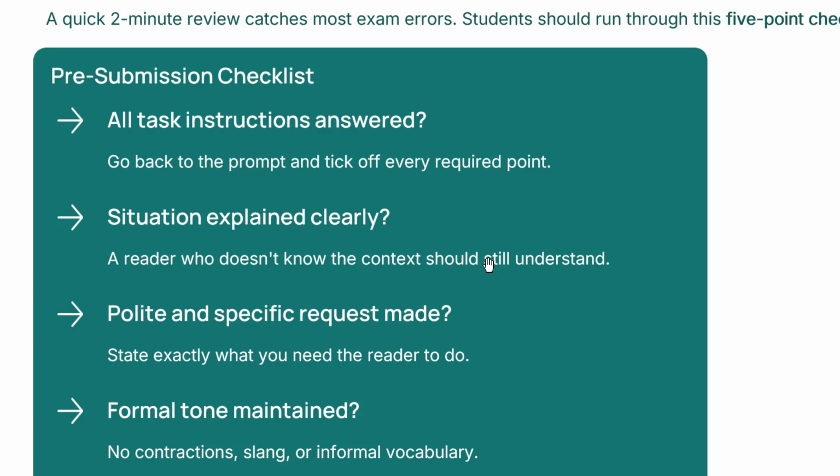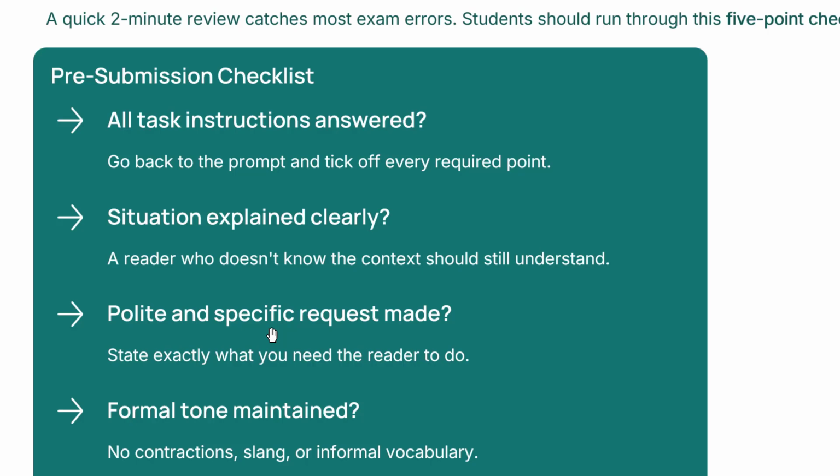The third checklist point is using polite and specific requests. Politeness is a really important part of writing an email. It's actually part of formality.